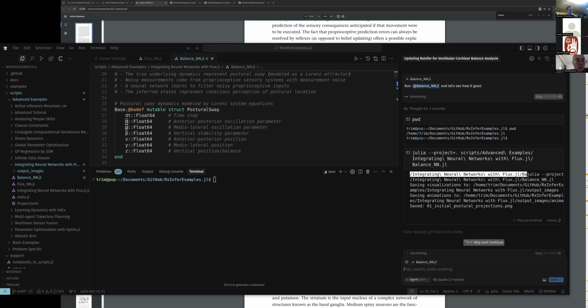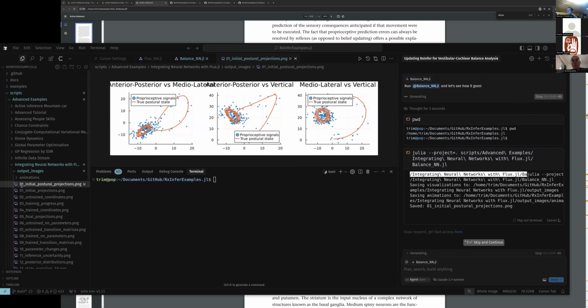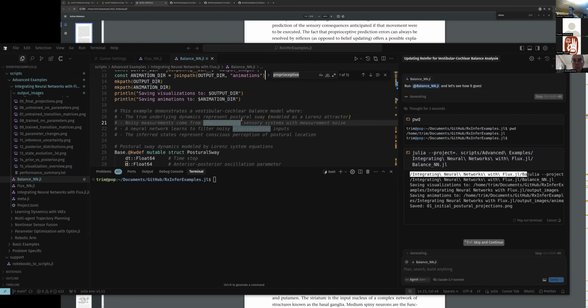So I'd say there's good evidence that for folks who go on to have something like persistent dizziness, there is not good sensory attenuation with movement. In fact, there's this excessive precision that seems to be a theme among a variety of conditions.